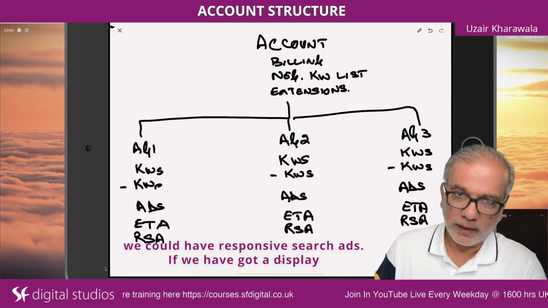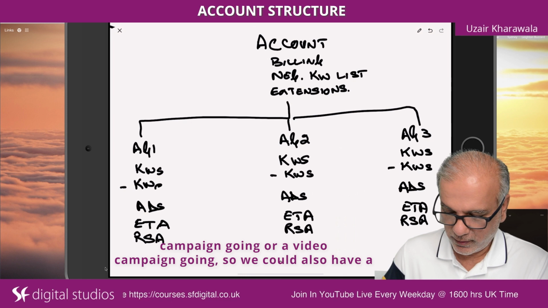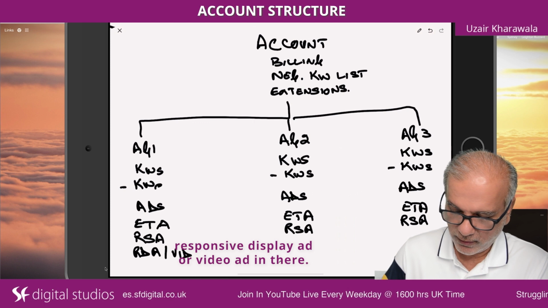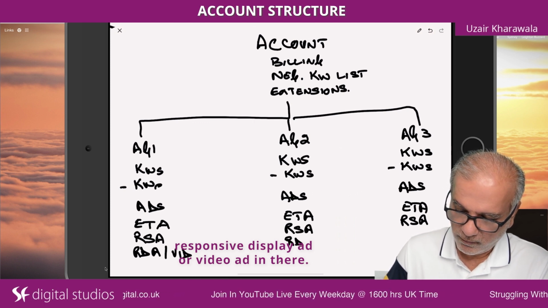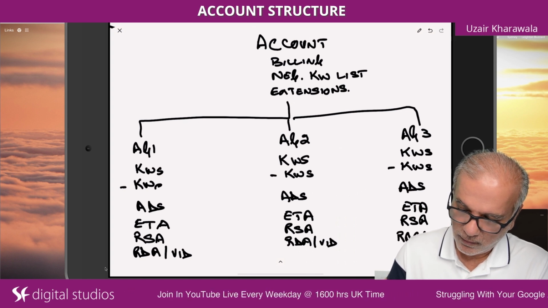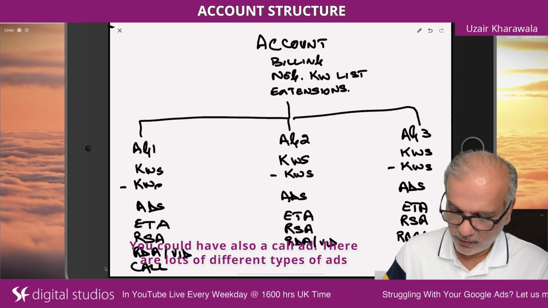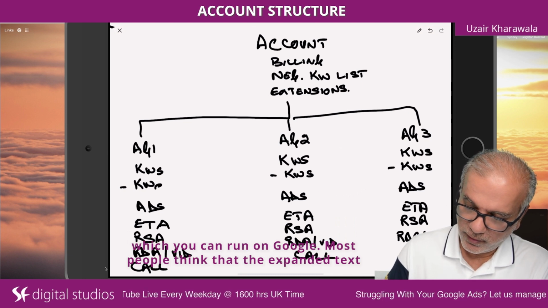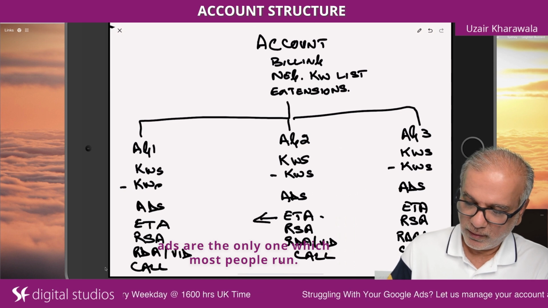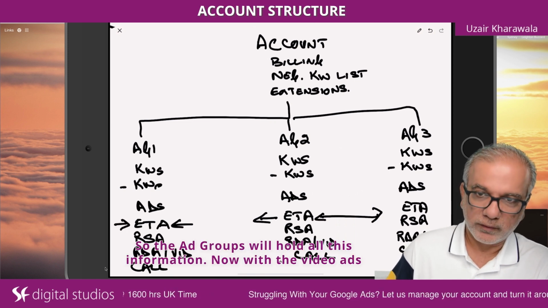Now if we have got a display campaign going or a video campaign going, we could also have the responsive display ad or video ad in there. We could have also a call ad. There are lots of different types of ads which you can run on Google. Most people think that the expanded text ads are the only ones which most people run.